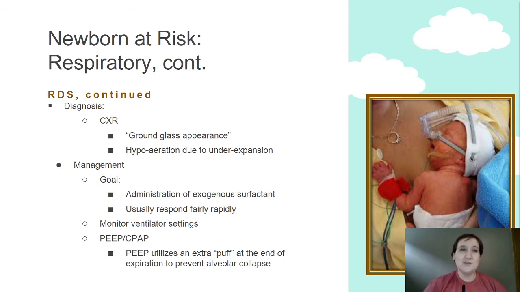So when we're using PEEP and PIP, when we're doing our artificial ventilation, the PEEP utilizes an extra puff at the end of expiration in order to prevent alveolar collapse. So when we don't have a ton of surfactant, we don't want these babies to have alveoli that completely collapse. So there's that little bit of puff to prevent that complete collapse. They can still close. We don't want them to stick together.